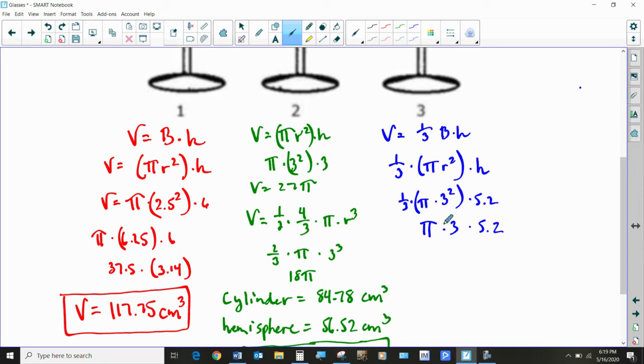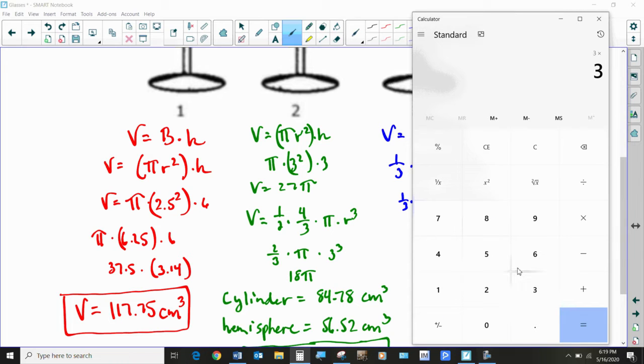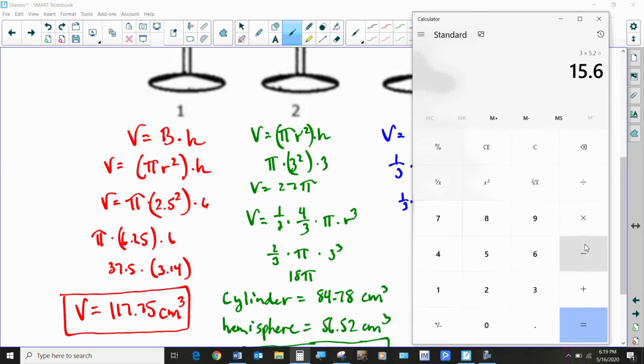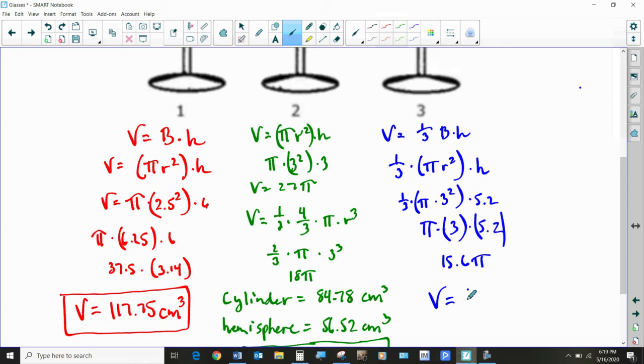And what is 3 times 5.2? 3 times 5.2, that's going to be 15.6. So 15.6 times pi, what is the volume of glass 3? Let's check that out. That times 3.14 is 48.98. I guess 48.98.